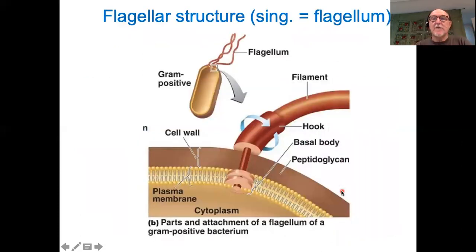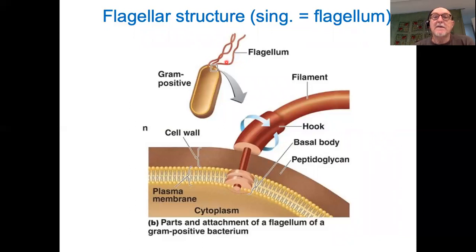Now, the flagellum structure, I won't do it in any great detail, but it's just really interesting to look at. It might be tempting when you look at this flagellum to think that it's beating like this, that it's a sine wave moving down the flagellum, which is propelling the bacterium forward. It's not.